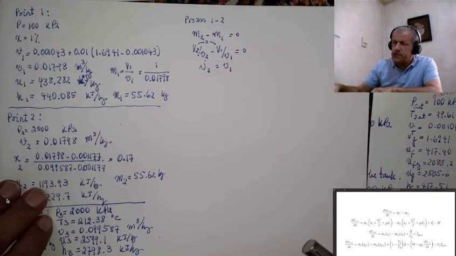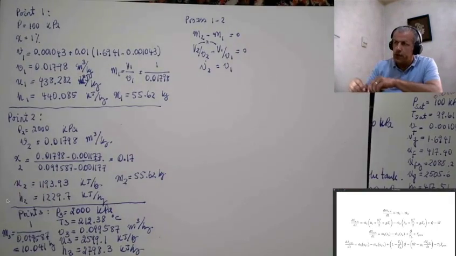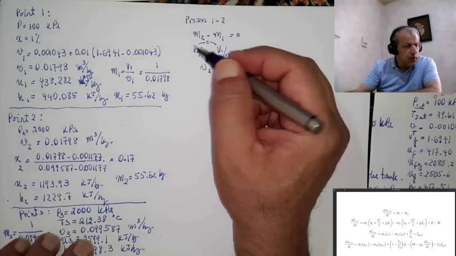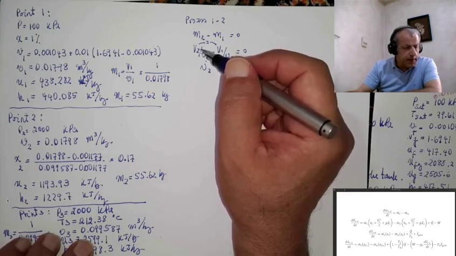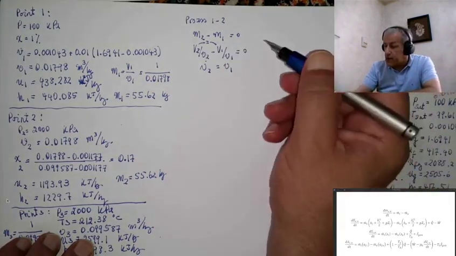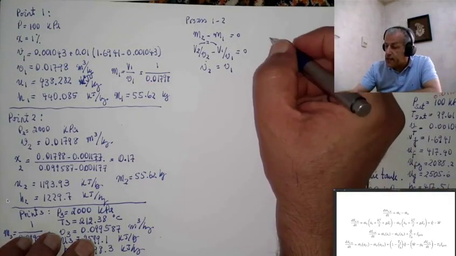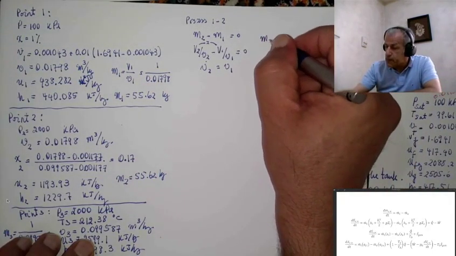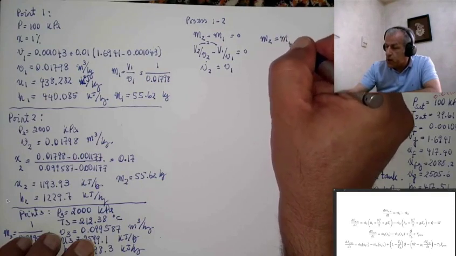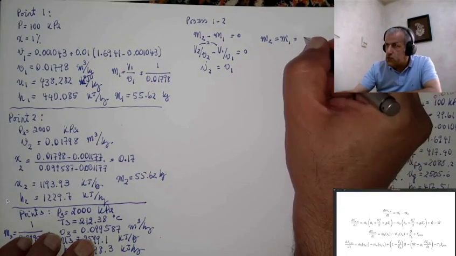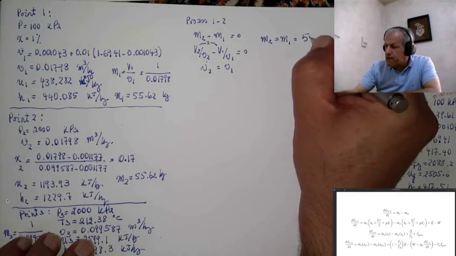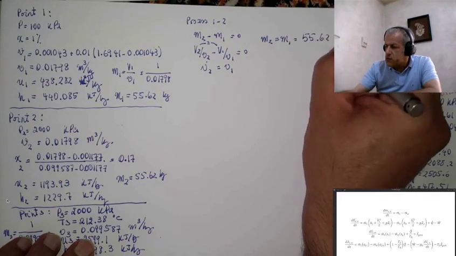And for process 1, 2, we see what the mass conservation law tells us. Therefore, we can conclude that M2 equals M1, and we have a value for M1, which is 55.62 kilograms.